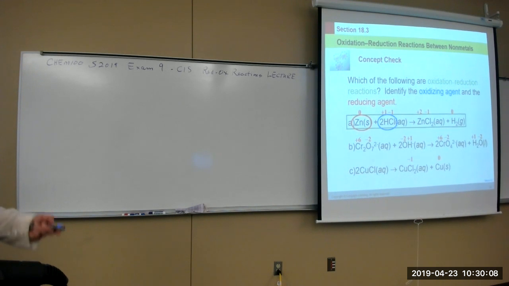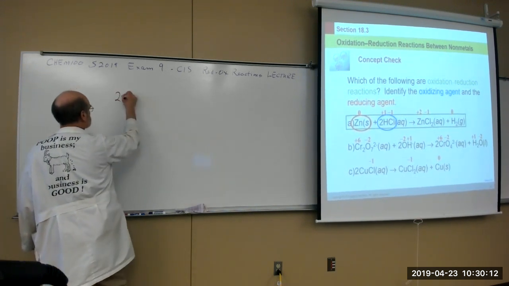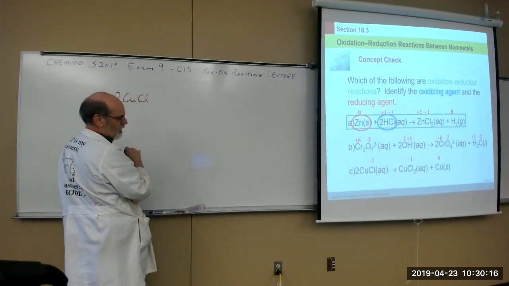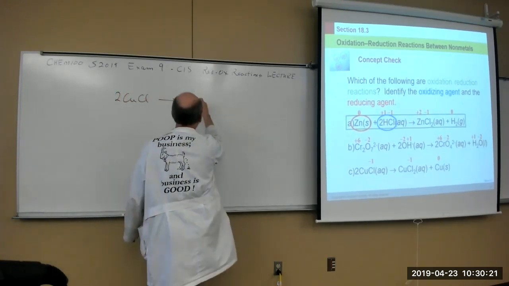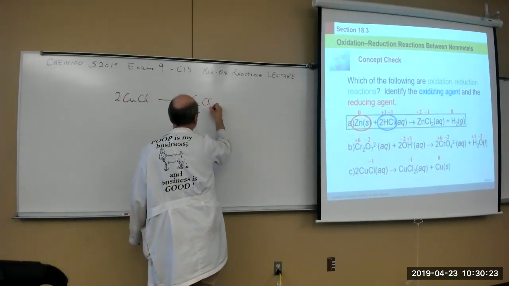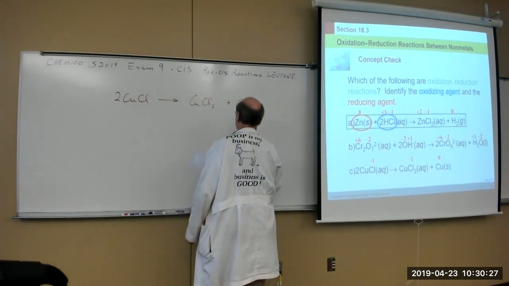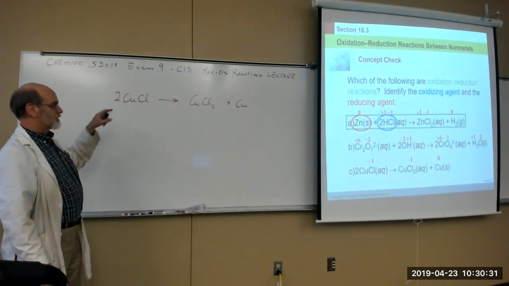The second one, oh, this is a neat one. 2 copper 1 chloride yields copper 2 chloride plus copper. Notice the copper ends up in two places.